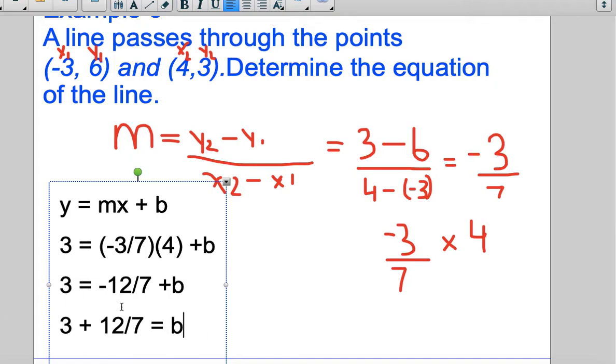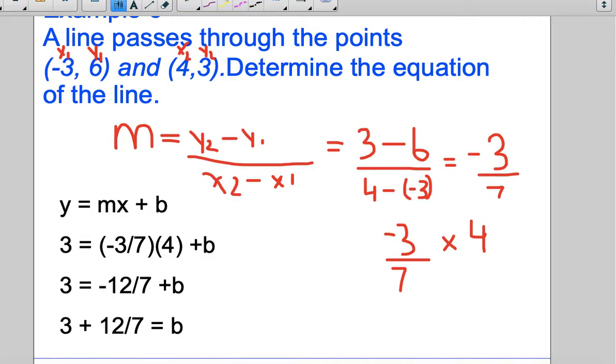So when adding fractions, if you remember, I'll come back outside of that box and we can add the fractions. So we've got 3 plus 12/7. So we need to have a common denominator, and we assume that this is 1, so the common denominator between 1 and 7 is actually 7. So when we multiply this by 7, we have to multiply this by 7 to get an equivalent fraction.